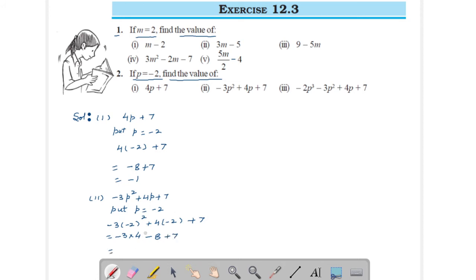Minus 3 into 4, it is minus 12, minus 8 plus 7. We will get minus 12 minus 8, it is minus 20 plus 7. We will get minus 13. This is your answer.